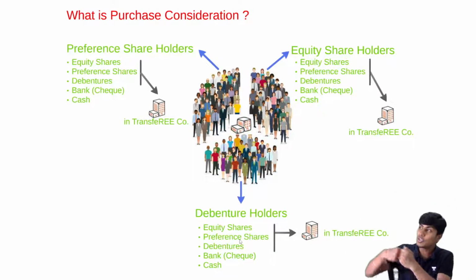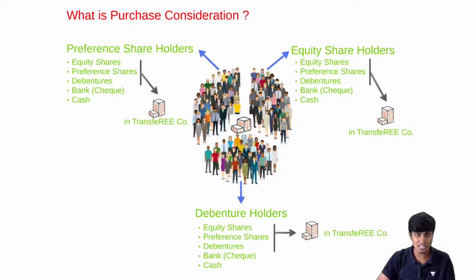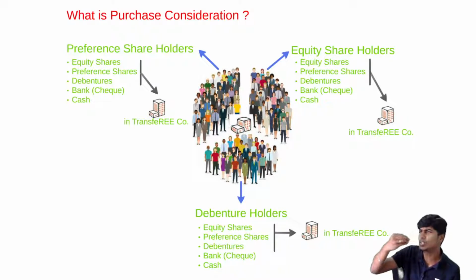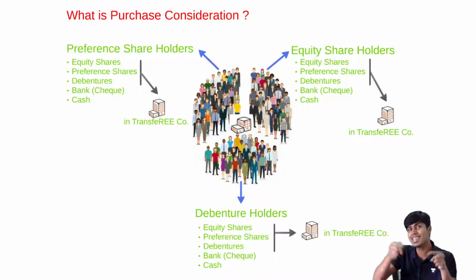Is everything given to every person PC? Or is it only the things given to equity shareholders? Or the things given to equity and preference shareholders? Or is it what we give that matters, like only equity shares, whether given to equity shareholders, preference shareholders, or debenture holders? Is that PC? That is the question.